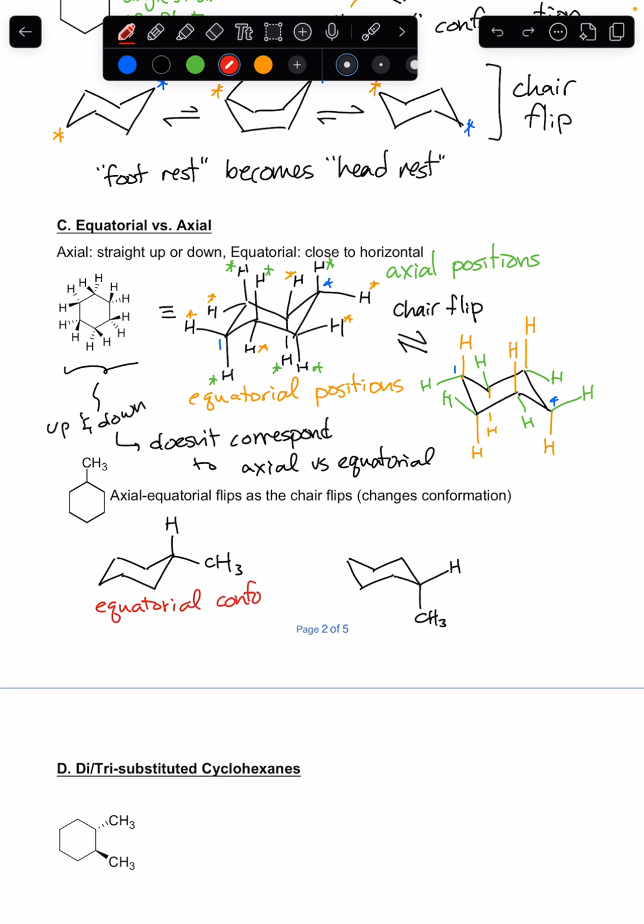And this would be the axial conformer, because the single substituent was in the equatorial position in the equatorial conformer, but in the axial conformer, it's in the axial position. Now, any guess as to which of these conformations might be preferred by the molecule or more stable?